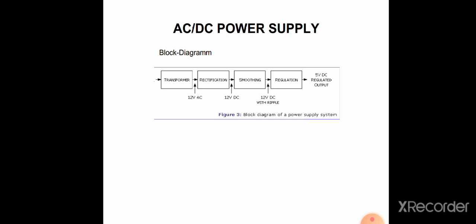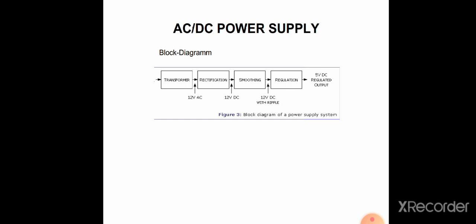The step down transformer is used to reduce the AC mains voltage to an adequately small value. The turns ratio of the transformer is adjusted to obtain the step down AC voltage. This voltage is converted into pulsating DC voltage by the rectifier, and the rectifier may be half wave, full wave, or bridge rectifier.